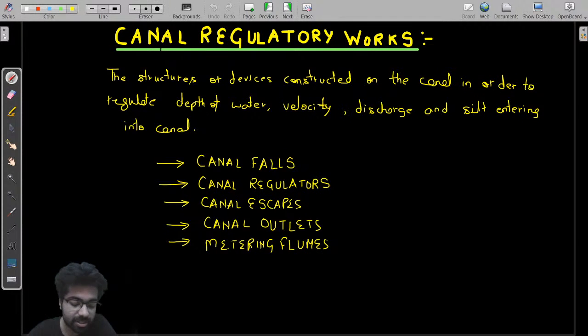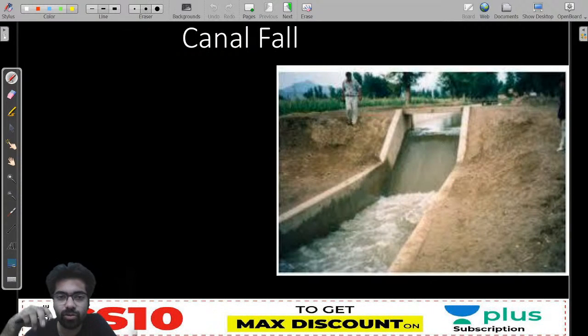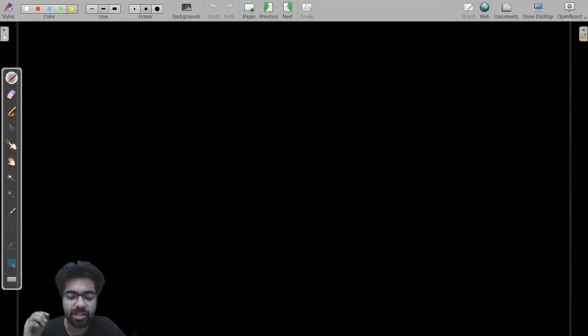Because we have to control, we have to regulate. So the first one coming your way is your canal fall. Sir, how with the help of canal fall do you control? Why is it constructed? Can you all see the image of canal fall? Before seeing this canal fall, let me tell you exactly why canal fall is constructed.